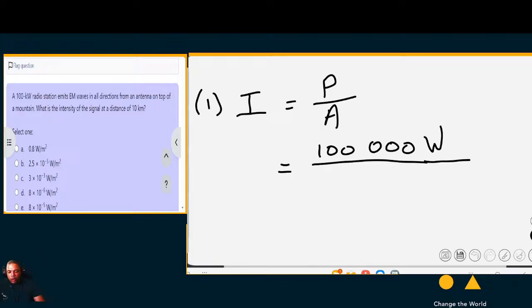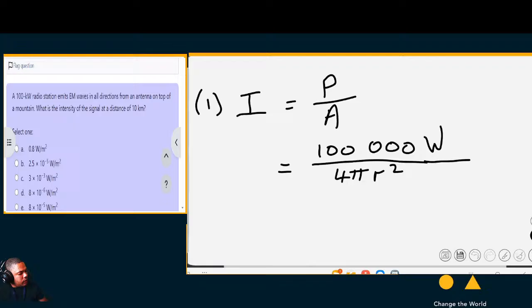It is in all directions, so the area is the surface of a sphere. What's the area of a sphere? The area of a sphere can be calculated as 4 pi r squared. That's the surface area of a sphere.